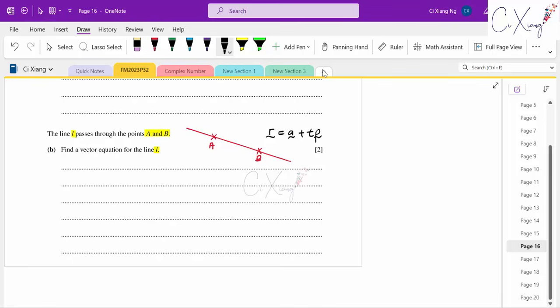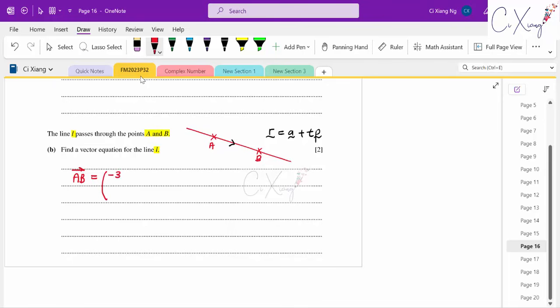Then for the p here, basically it is the direction of the line. For this particular line that passes through A and B, the direction of the line, we can use either A to B or B to A. So first of all, we need to find the direction of the line. For me, I'm going to find AB. AB means AO plus OB.